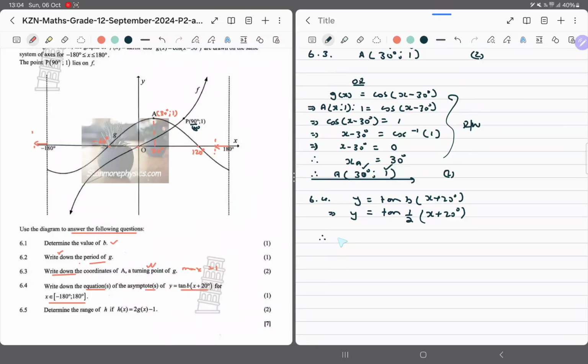We're going to say, therefore, the asymptote of y is going to be such that x, remember the asymptote is a vertical line in this case, x is equal to 180 degrees minus 10 degrees, which is going to be equal to 170 degrees. Now again, the question said write down.